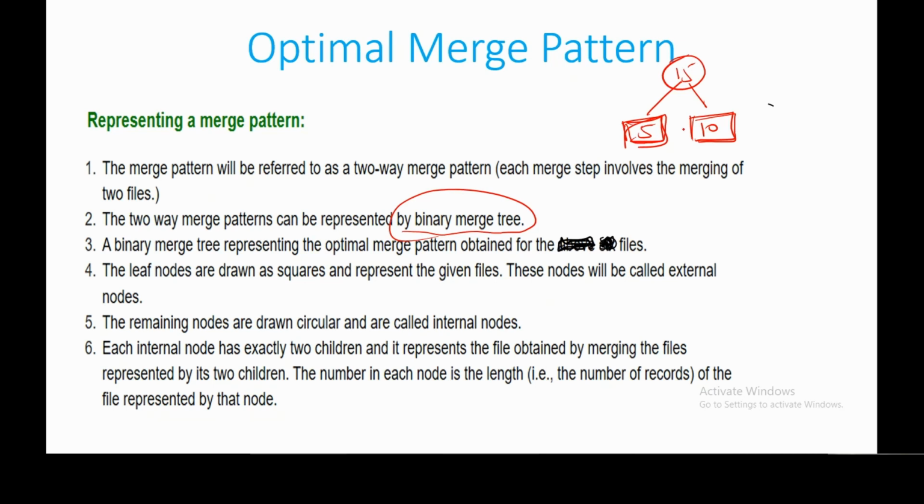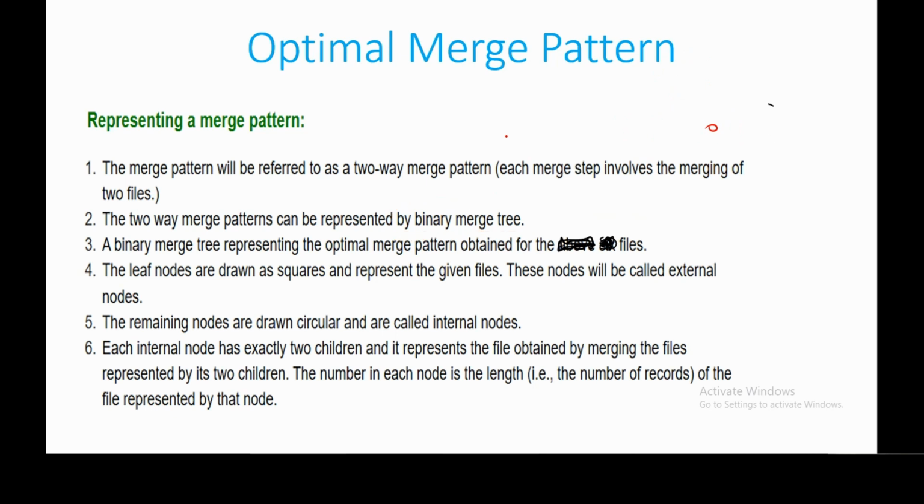This is an original file, this one is an original file. And this file is the merged file which we get after the merging process. The original files represented by squares are known as the external files, and the merged files are known as the internal files.